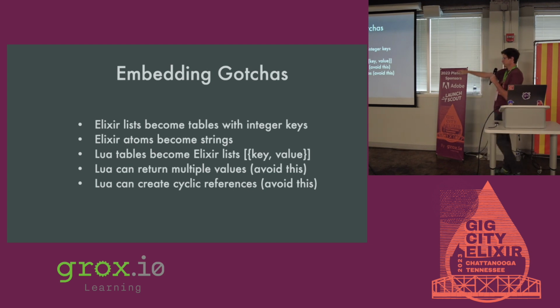So I pretty much got rid of that. It can also create cyclic references if you want to do that. Elixir is not going to enjoy a cyclic reference. When you try to unroll it, it doesn't. So also don't try to do that.